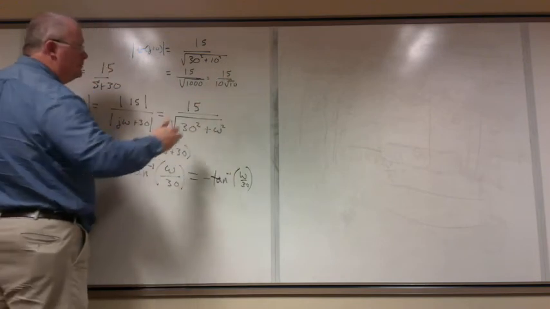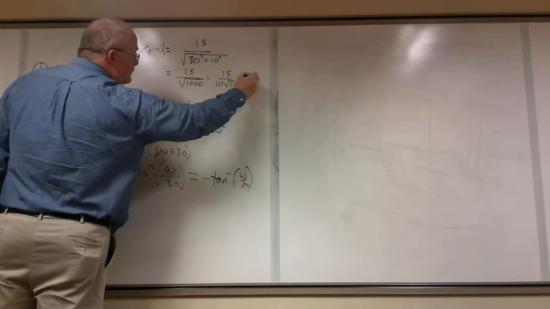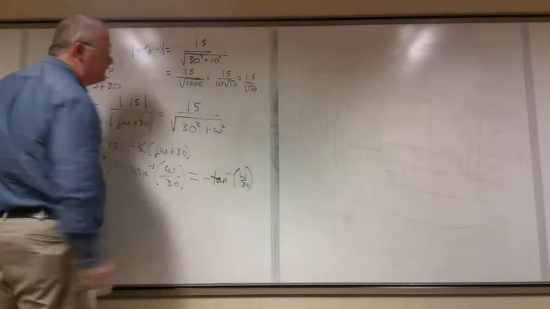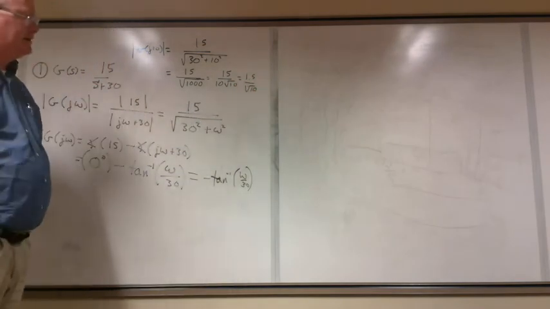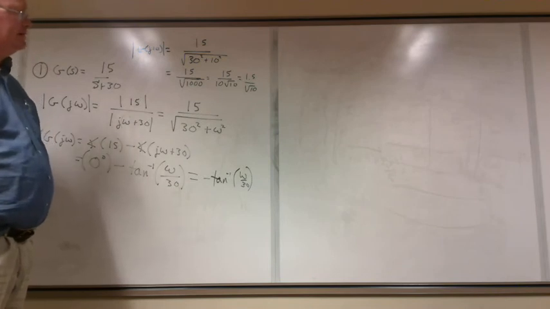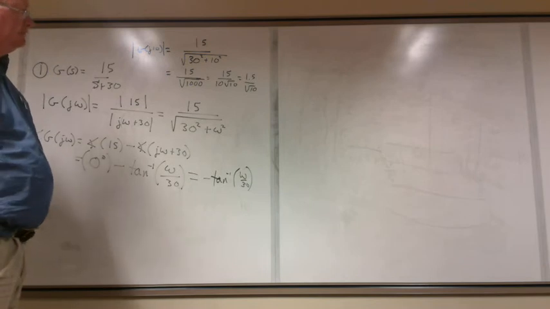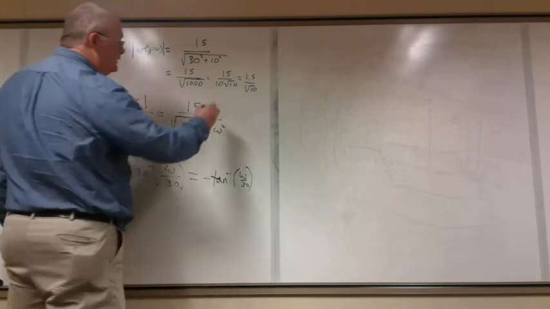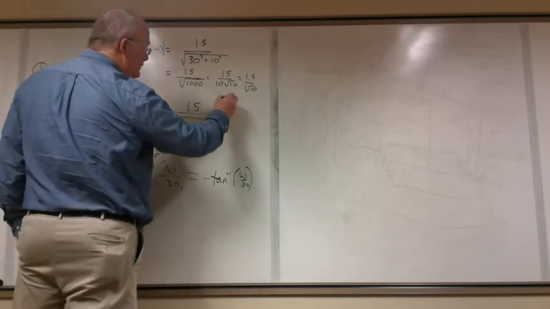Whatever that is, it's 1.5 over the square root of 10. The square root of 10 is about, what, 3 point something? Between 3 and 3.333. So 1.5 divided by 3, about 0.5, a little under 0.5.